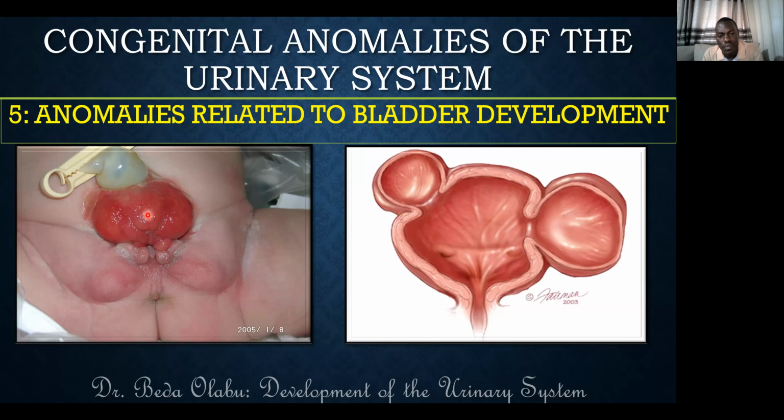Okay. Do you know how this anomaly is called? No, not unless I do some research. No problem. Anyone who knows the name of this anomaly? It is the most severe form of bladder malformation.